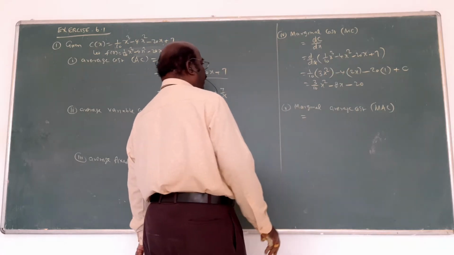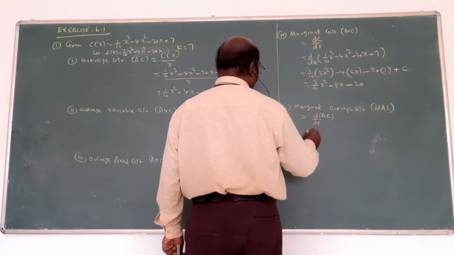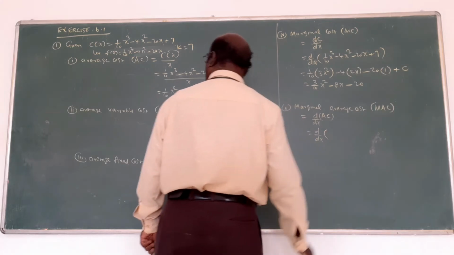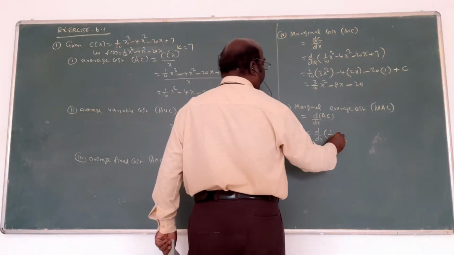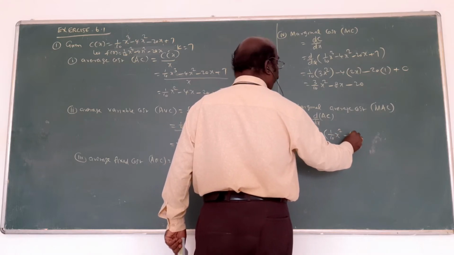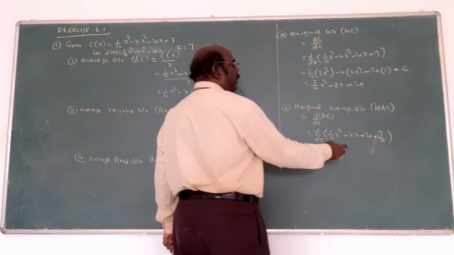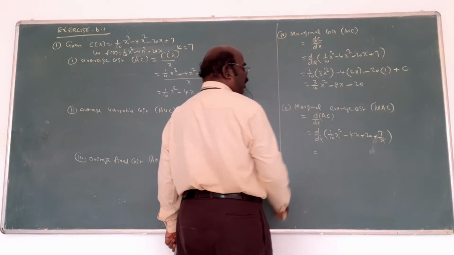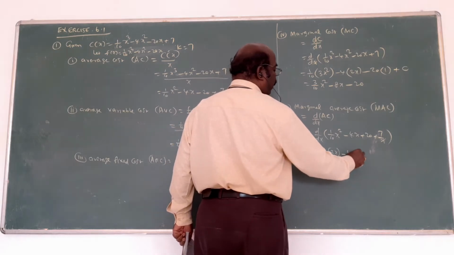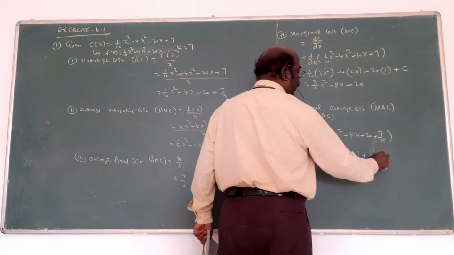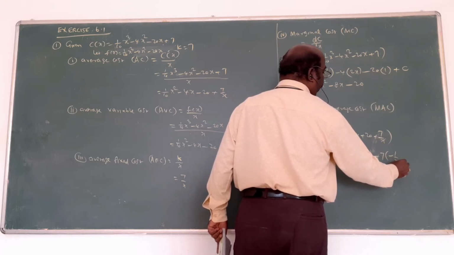The marginal average cost means we differentiate the average cost AC with respect to x. So d by dx of AC, already found: 1 by 10 x square minus 4x plus 20 plus 7 by x. Now differentiate this again with respect to x. 1 by 10 x square differentiates to 2x. 4x is 1. 20 is constant. 7 into 1 by x, the derivative of 1 by x becomes minus 1 by x square.